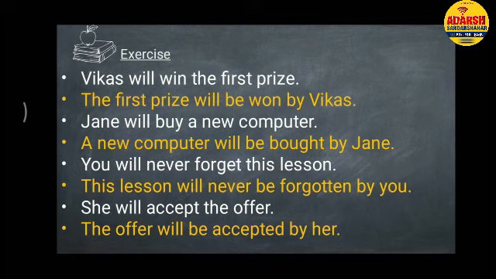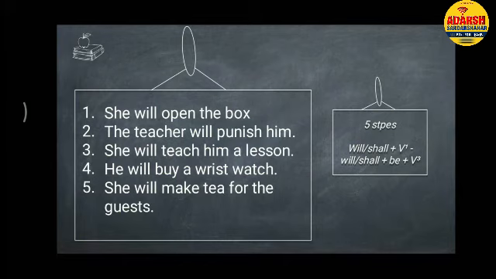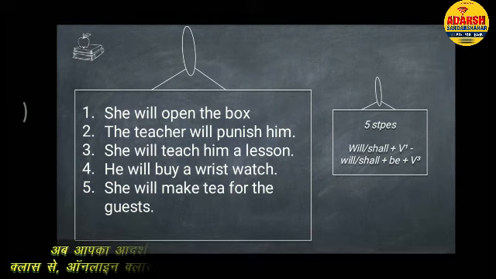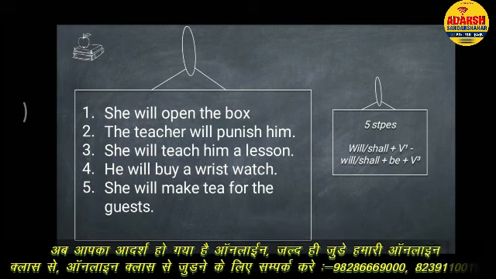Now here I have an exercise so that you could know whether you learned it or not. So here you can see 5 sentences which are an exercise for you as homework. So you need to solve it at your home and send me its answer in the comment box so that I could know whether you learned it or not. And if you have any kind of problem in that, you can ask me in comment.